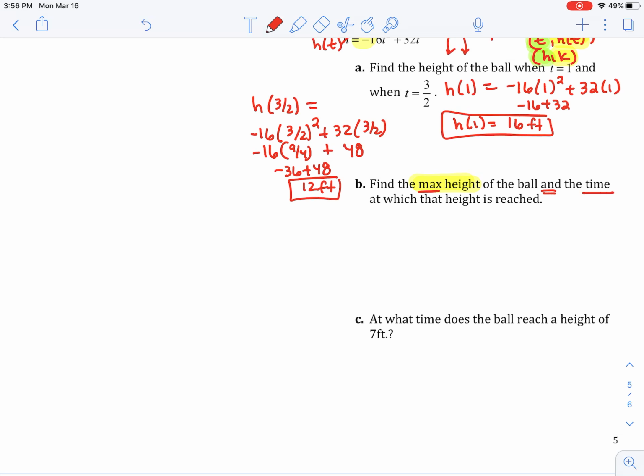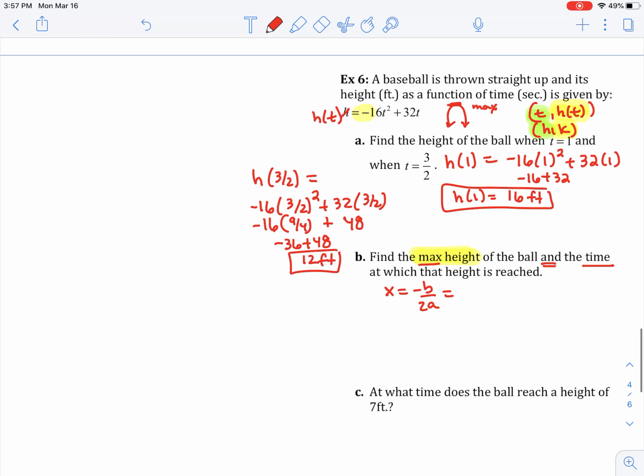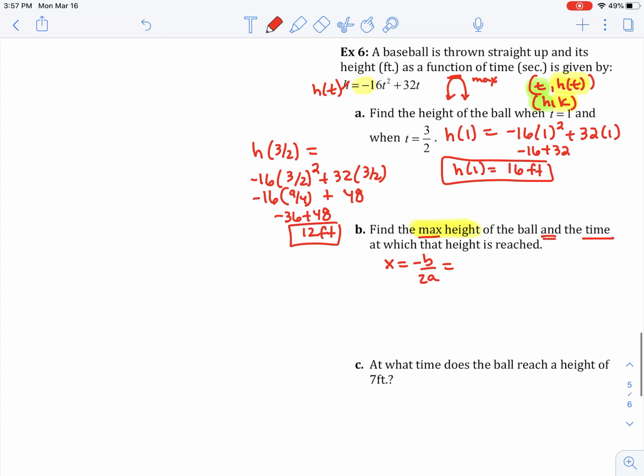Let's first solve for time, and we know that time is the x of our vertex, and the x of our vertex is -b/2a. Let me bring our equation back here. Our b is that 32, and our a is the -16, and -32 over -32 is a positive 1.